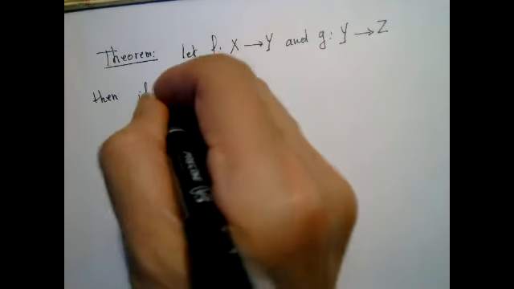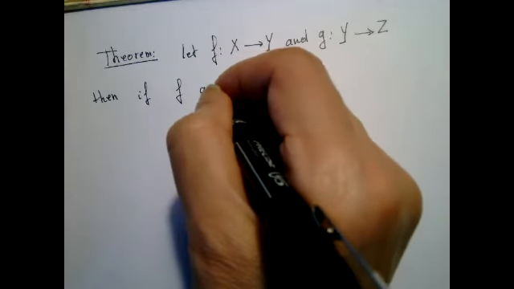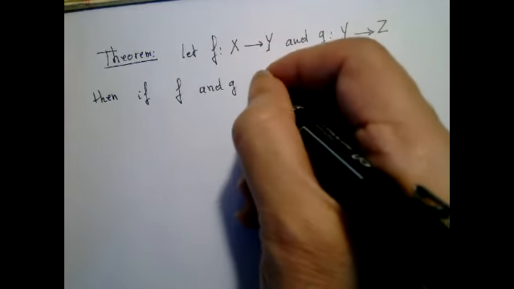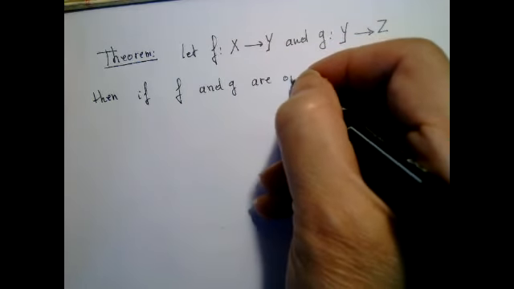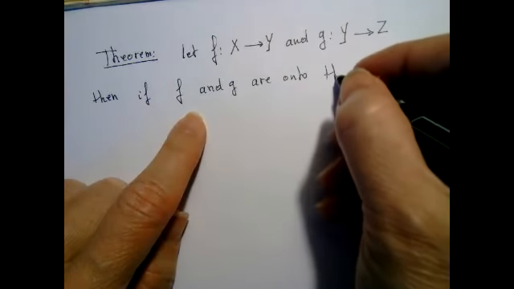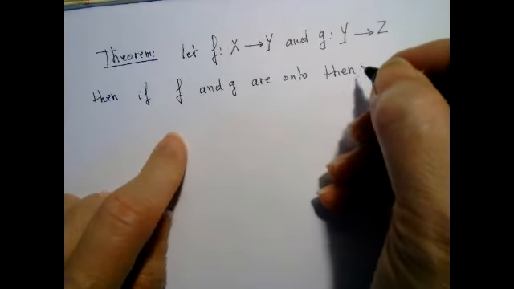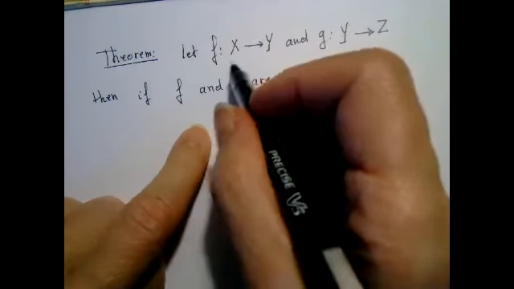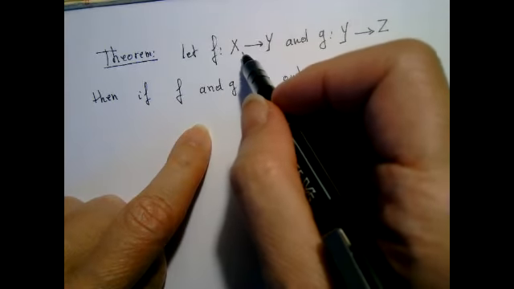if F and G are onto, or surjective, so that's my hypothesis, if both are surjective, then the composition. Now, which composition should make sense here?